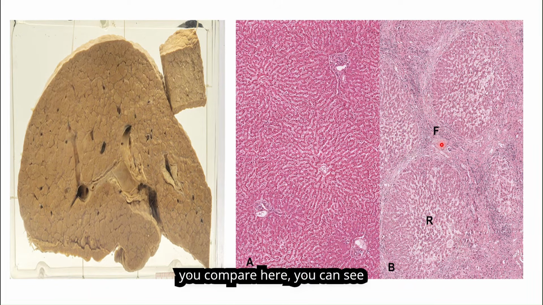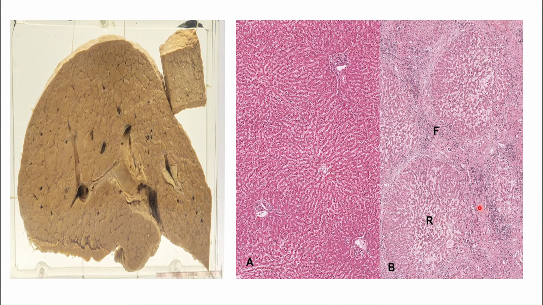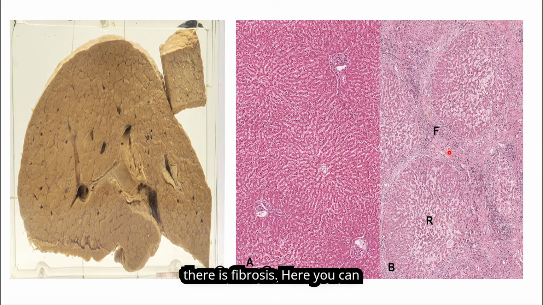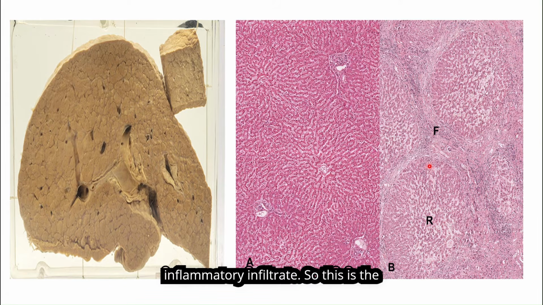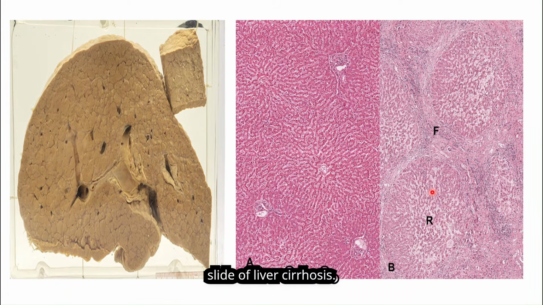And if you compare here, you can see these are the regenerative nodules of hepatocytes, and in between these nodules there is fibrosis. Here you can see some bile ductules and inflammatory infiltrate. So this is the slide of liver cirrhosis.